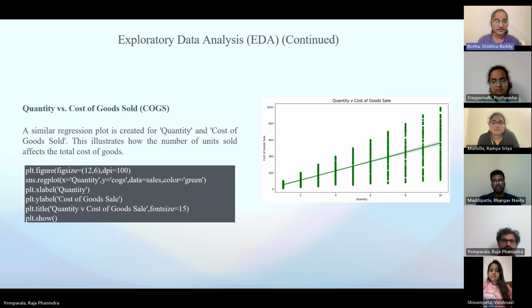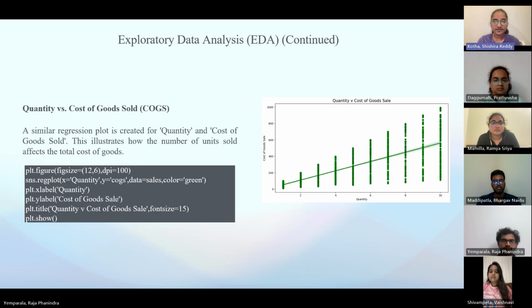In the code, we use the same functions: plt.figure for figure configurations, sns.regplot for regression between quantity and cost of goods sold, and plt.show for the output. The output we can see on the screen is the green line, which shows the positive relationship between the quantity sold and the cost of goods, which means the more items are sold, the more the cost increases.